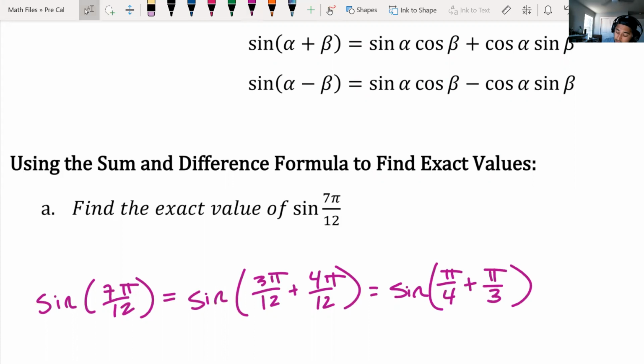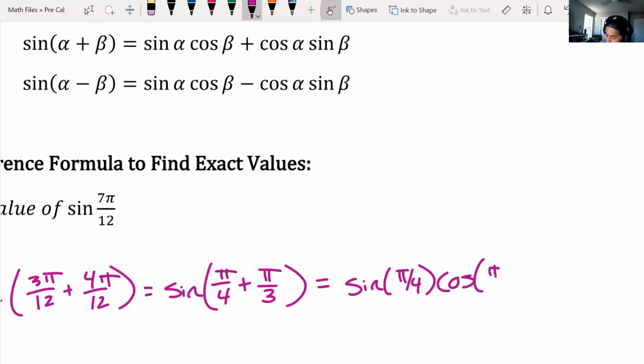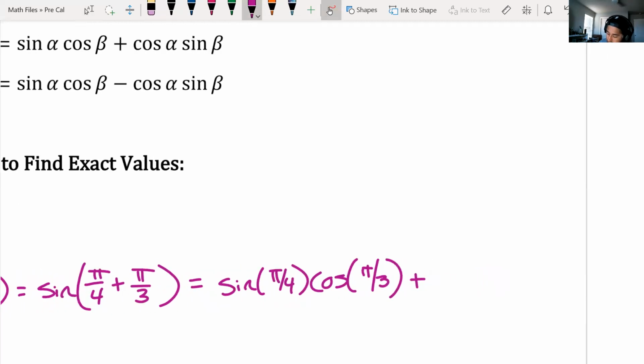And now use the sum formula for sine, and we get the sine of pi over 4 times the cosine of pi over 3 plus the cosine of pi over 4 times the sine of pi over 3.